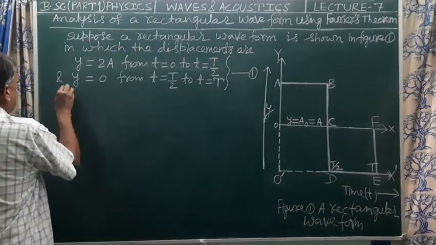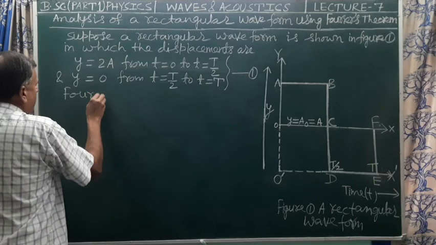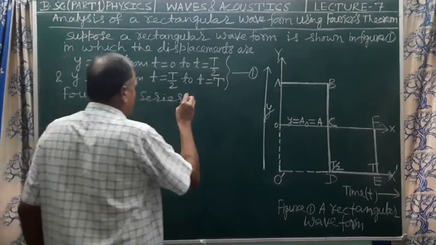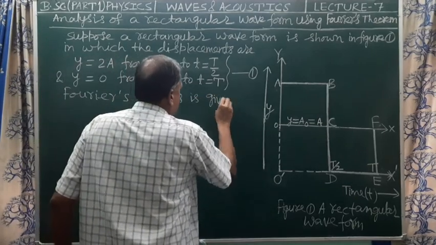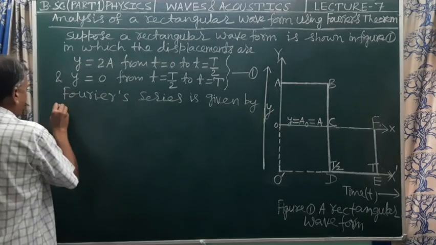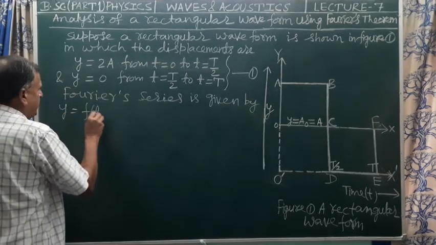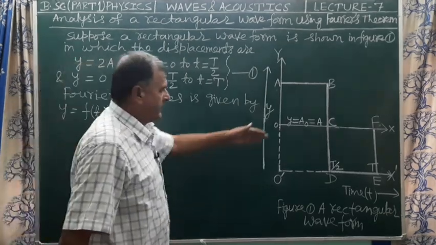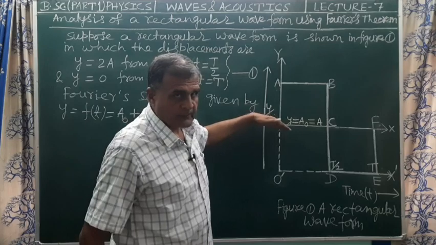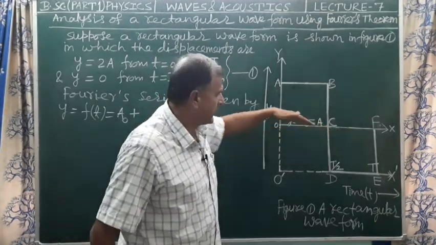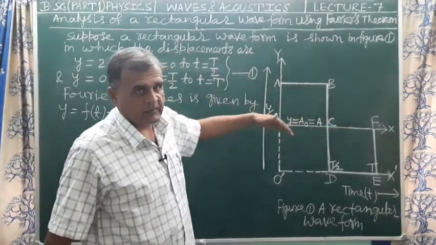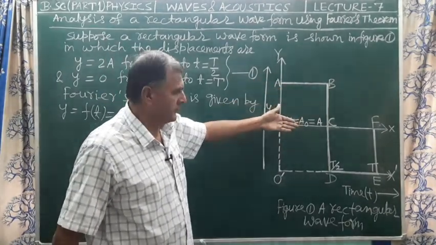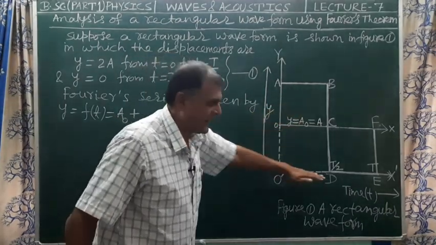The first term is A0, which is represented by y equal to A0 equal to A along the x-axis, represented by OX, which represents the mean displacement of the given rectangular waveform from the time axis.